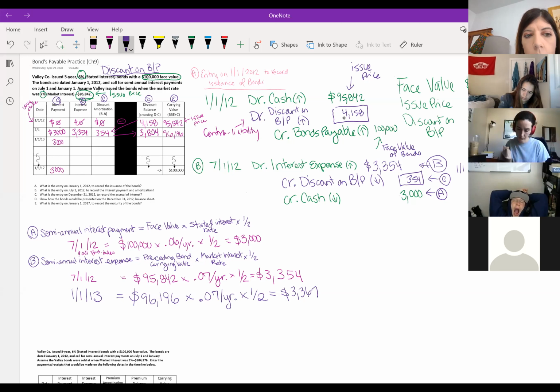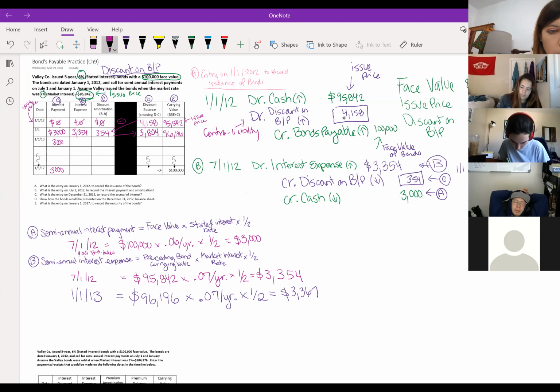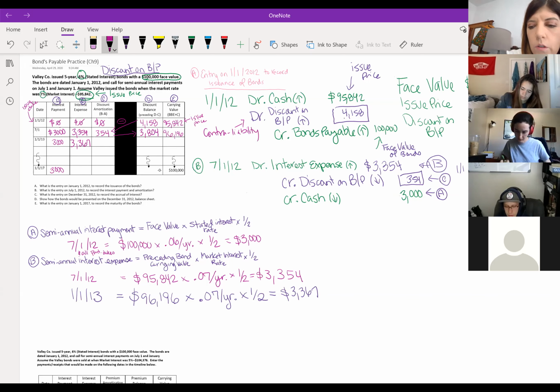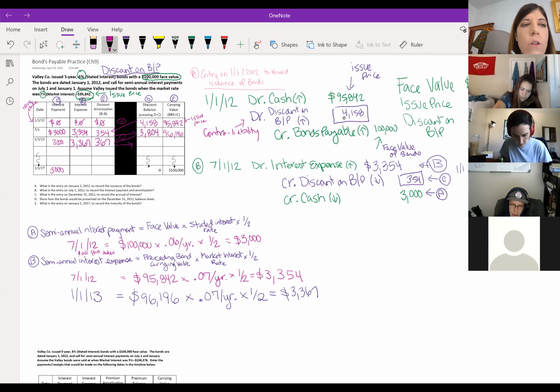3,367. Correct. Slightly more interest than the first one, because our bond carrying value is slowly increasing. How much is my amortization this period? 367. And then slowly we're decreasing that discount balance. So now we're going to take 3,804 minus 367.